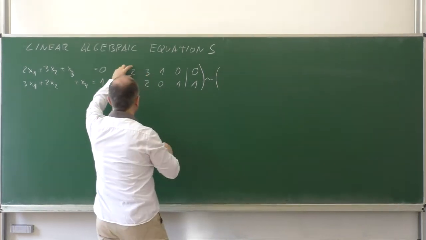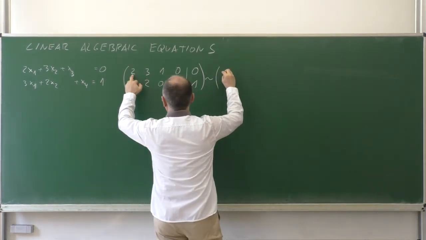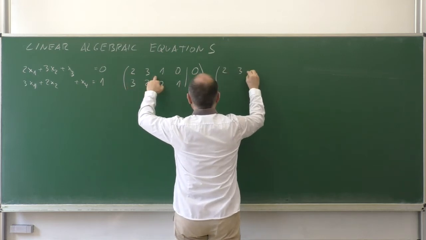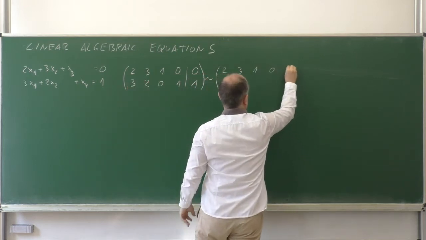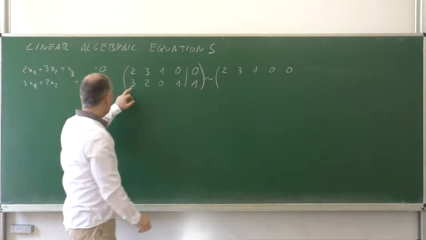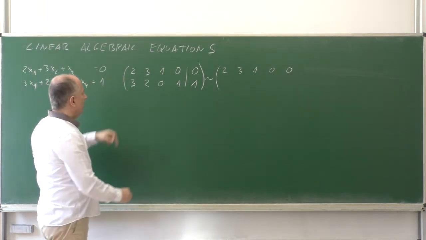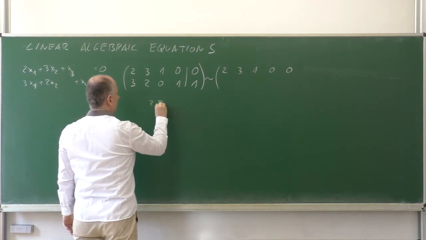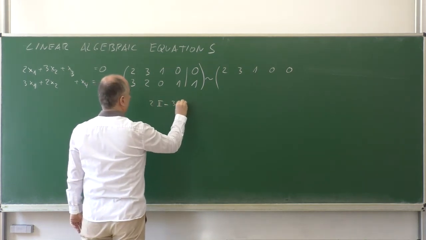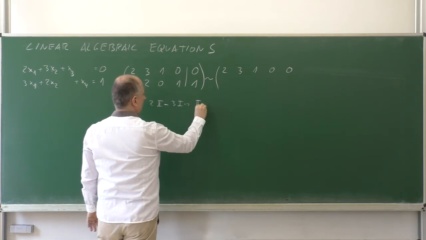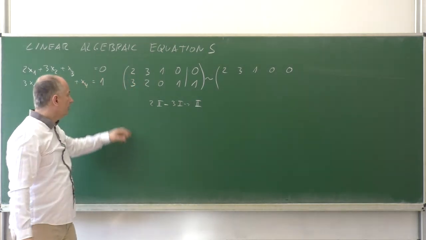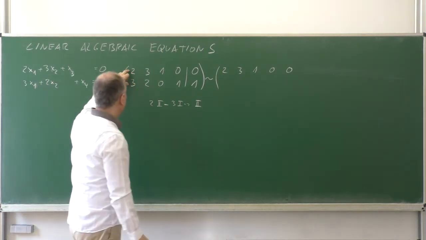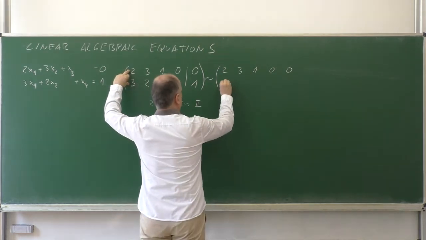We have now 0 here, so we can copy the first row to get 2, 3, 1, 0, 0. And to get 0 here, we take 2 times the second minus 3 times the first will be the new second row. And we have 6 minus 6, which is 0.